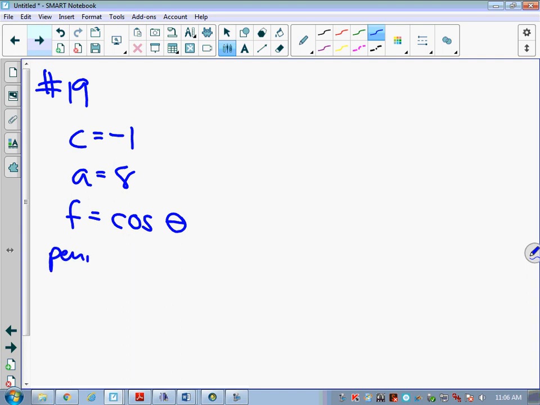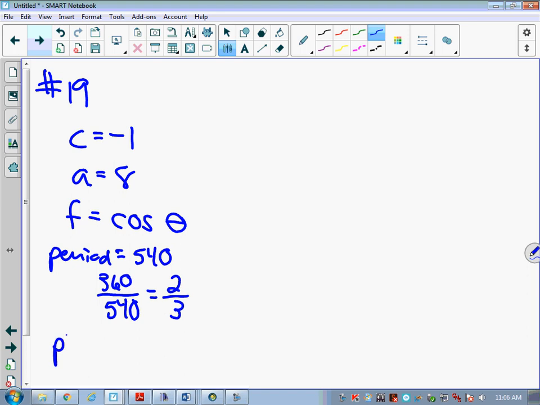So if its period is 540 degrees, then to get our period change, we're going to take 360 and divide it by 540. Okay, so what is our period change? Yep. 2/3. Okay, so 2/3 is our period change.